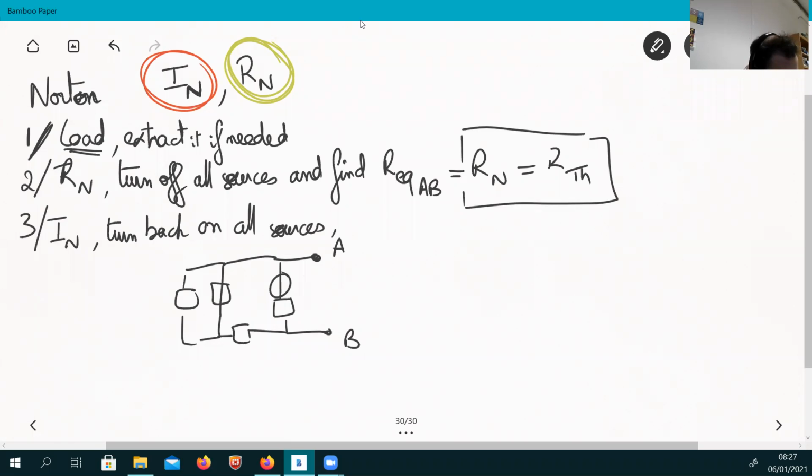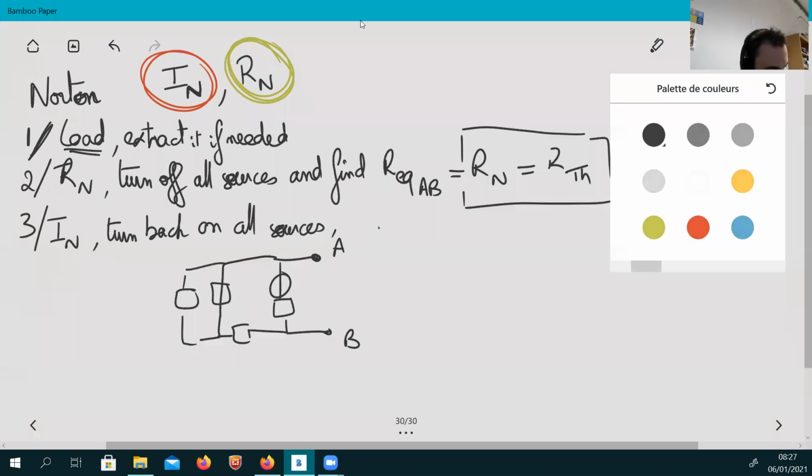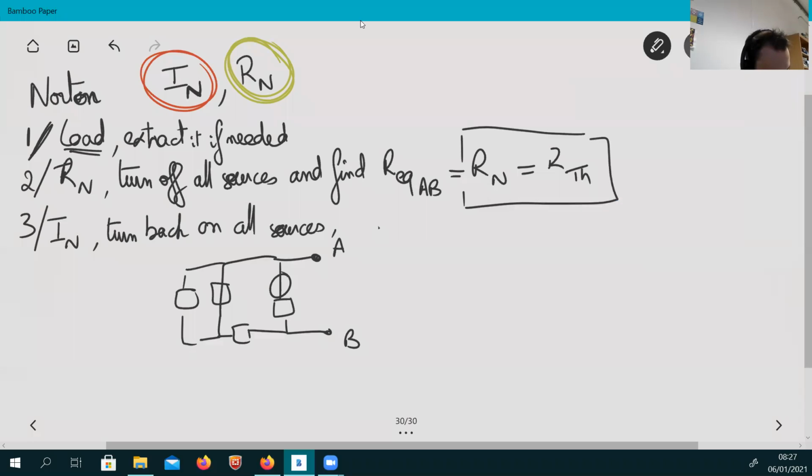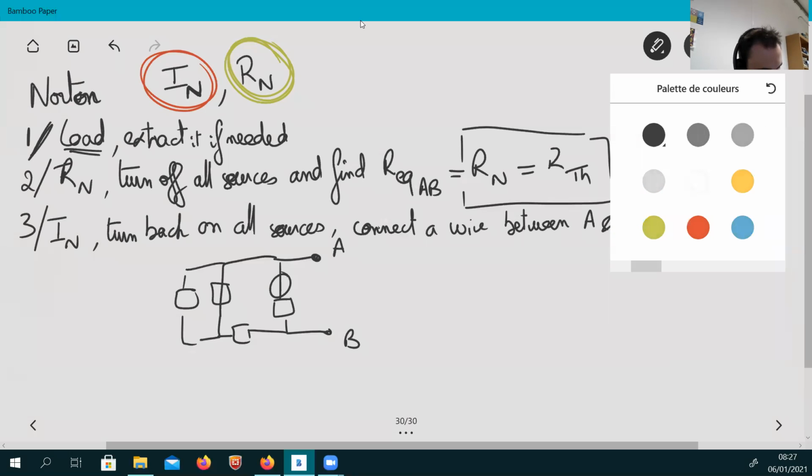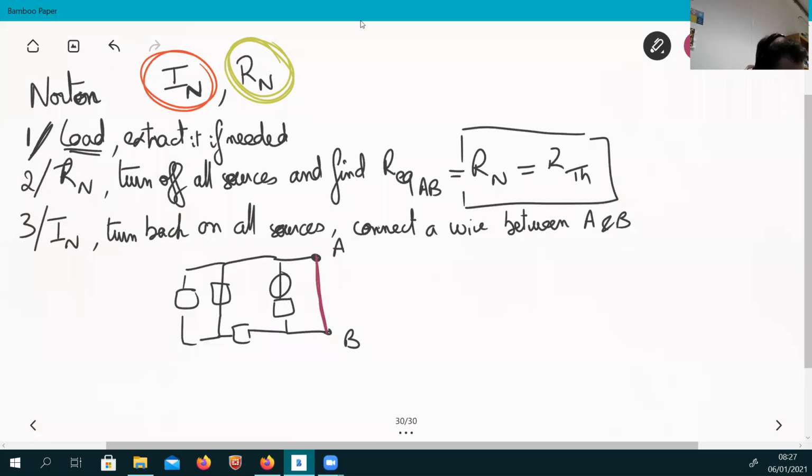Then you put a wire, or you connect, or maybe it's better to say connect, a wire between A and B. So a wire between A and B, and now I'm going to look for the current flowing through this wire.